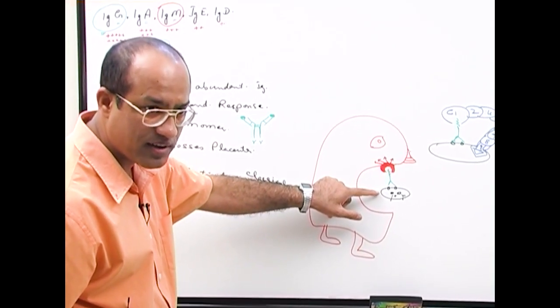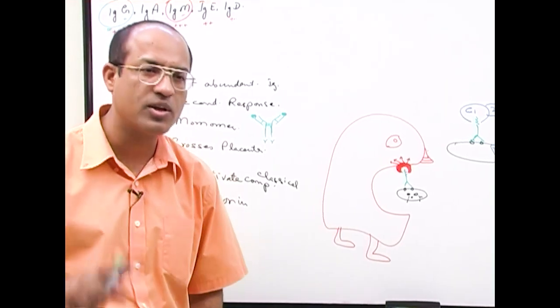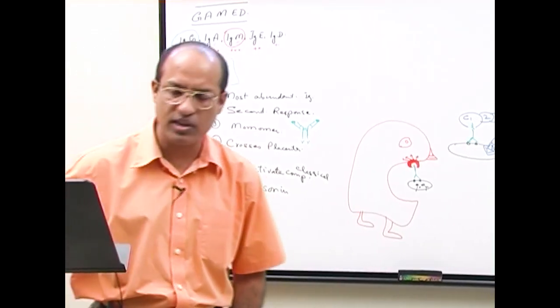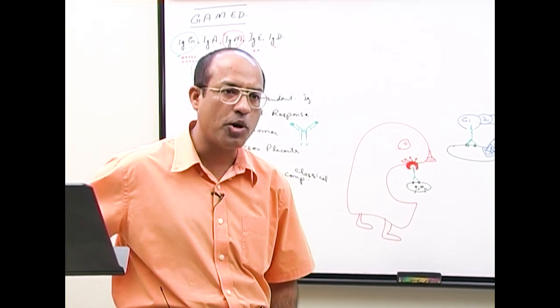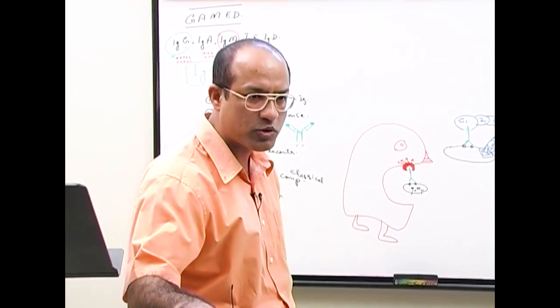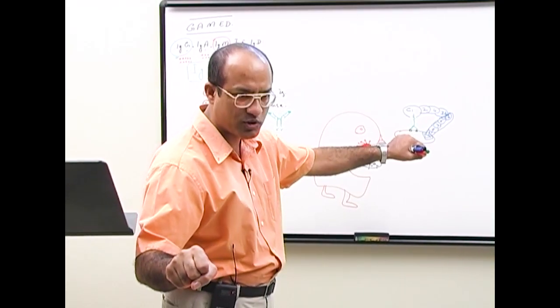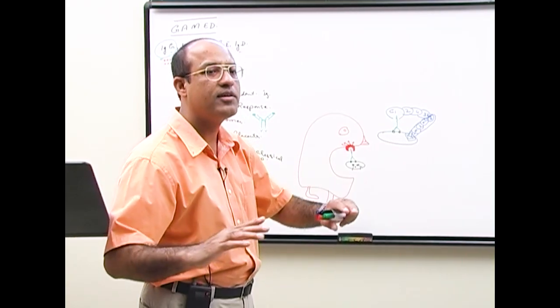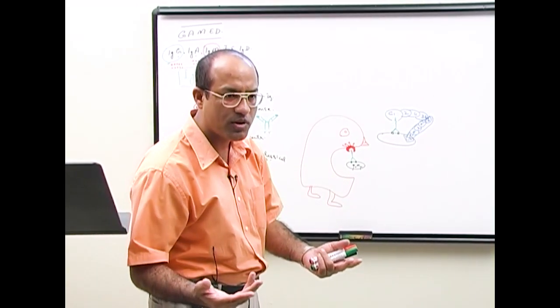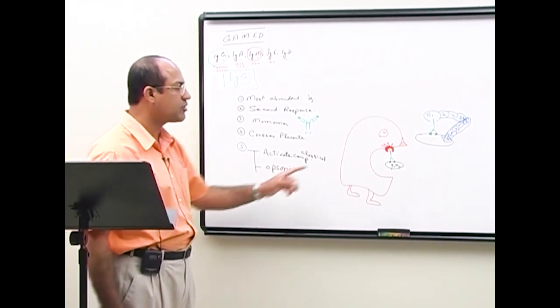This process is called opsonization. What is opsonization? Opsonization is a process in which an opsonin molecule binds to particulate matter, which may be a bacteria or a cell, on one side, and on the other side binds with the phagocytic cell and facilitates the process of phagocytosis. So IgG acts as an opsonin.